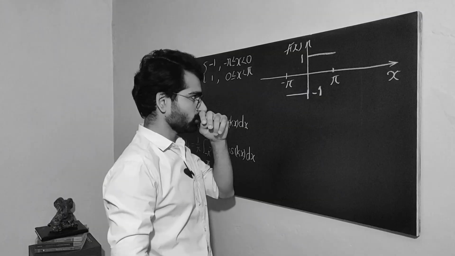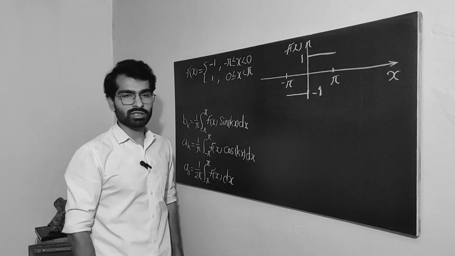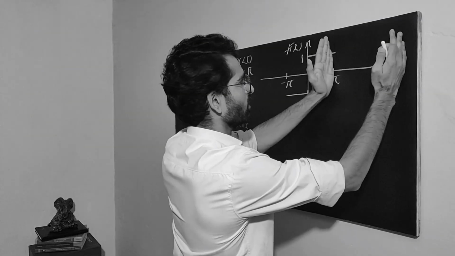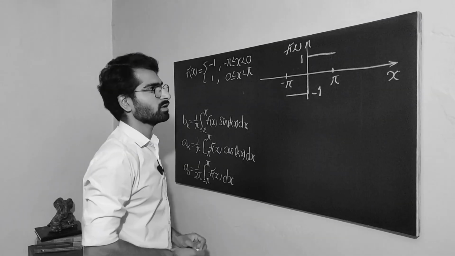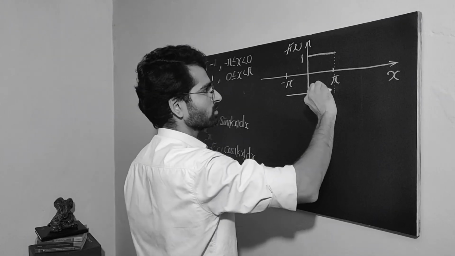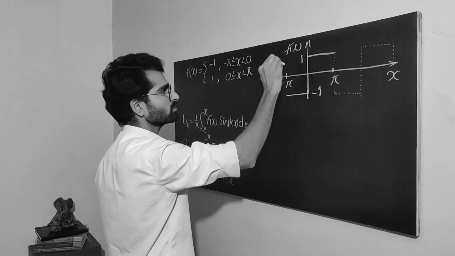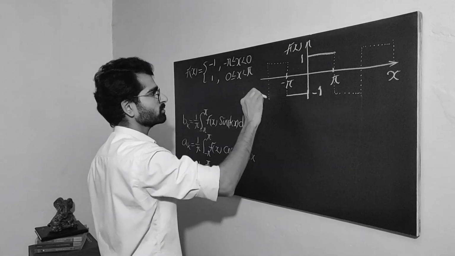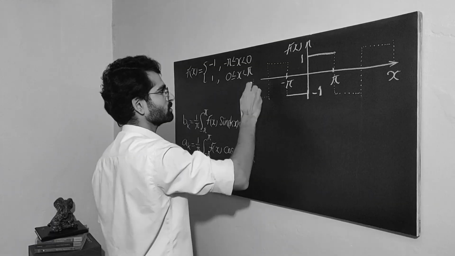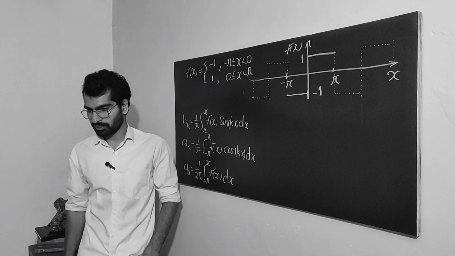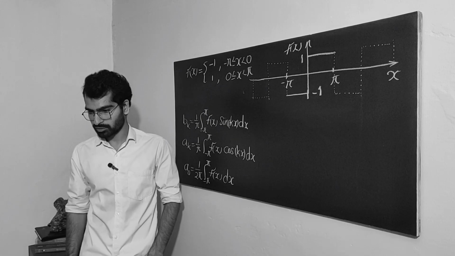This is how it looks, and this is a periodic function. It will be repeated after a 2 pi period, like this, and goes backwards like this. We call this a periodic square function.